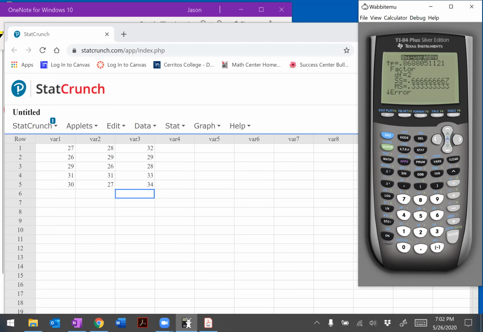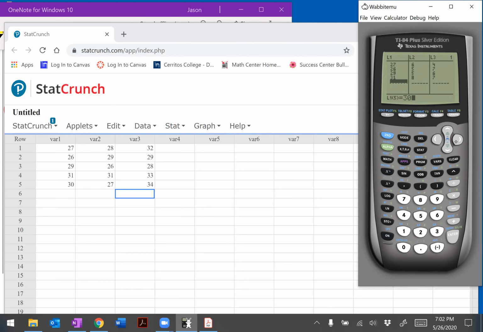Let's go to stat. Let's go to edit. Let's edit these lists and see if the calculator doesn't give us the exact same thing that we got on StatCrunch. 26, 29, 31, and 30.